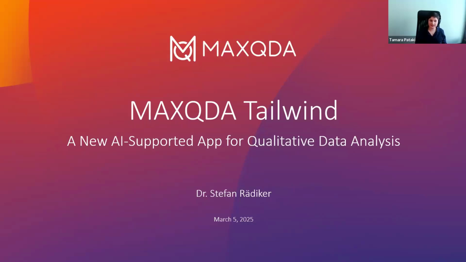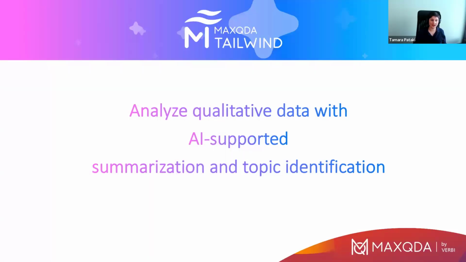Before we get started, I would just like to tell you a bit more about MAXQDA Tailwind and why we decided to create this. We are really excited to present this new and also a bit unusual endeavor, because instead of working within the traditional desktop environment of MAXQDA, this time we decided to launch a web-based application.